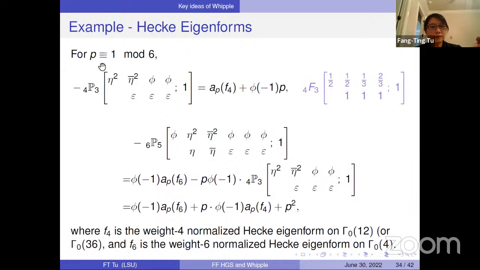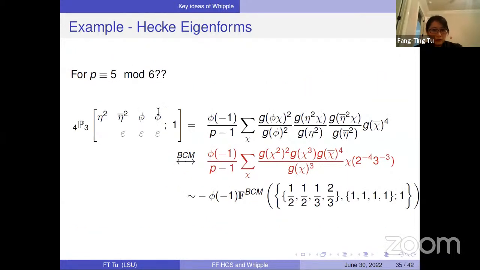For example, in this case, p should be congruent to 1 mod 6. For the other prime numbers, how to deal with that? Then we will use BCM's idea. For the 4P3 function, if we write this in terms of Gauss sums, then we apply the multiplication formula of Gauss sums, and we can get rid of the other three characters.